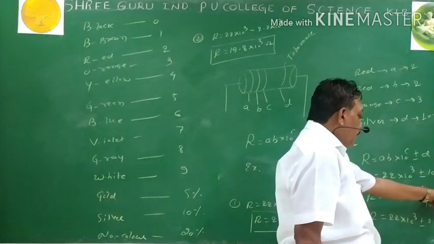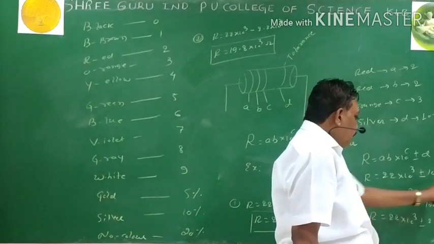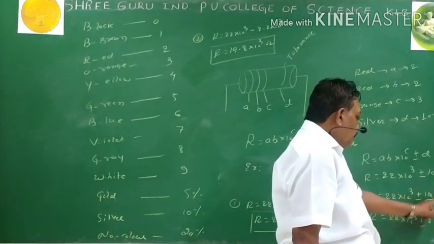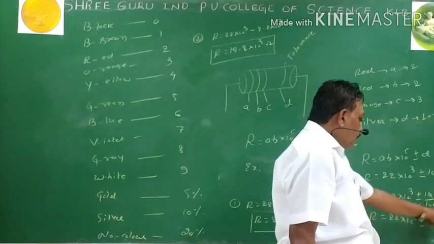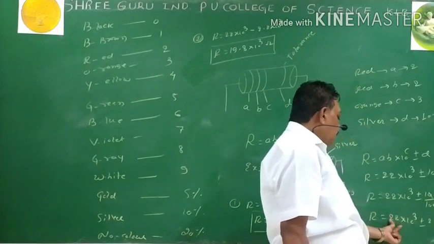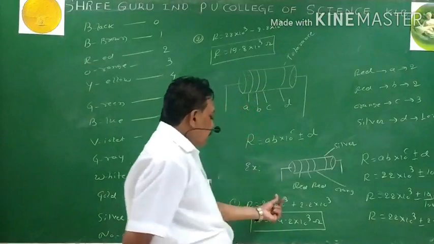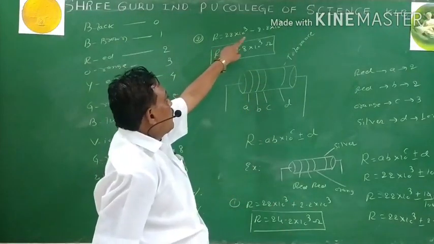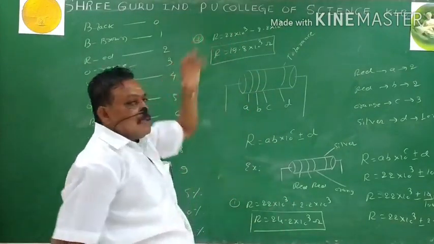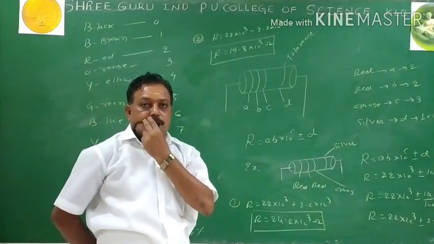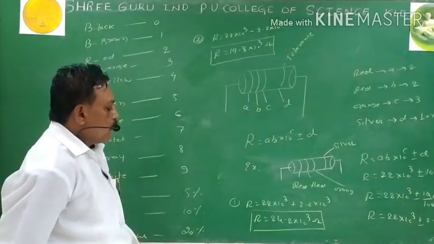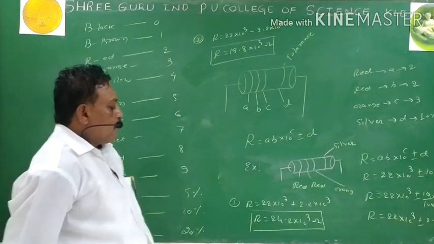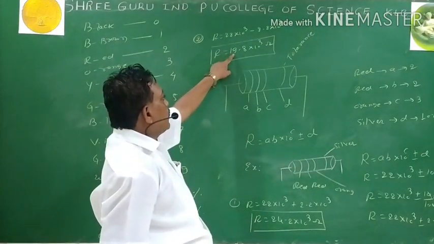You don't cancel the power factor because I need the common similar power term. So 22 by 10 is 2.2. This is 10 to the power of 3. Hence, the maximum value of the opposition is with plus, and the minimum is with minus here. I got the two resistances by considering the tolerance factor. One is 24.2 into 10 to the power of 3. Another one is 19.8 into 10 to the power of 3.